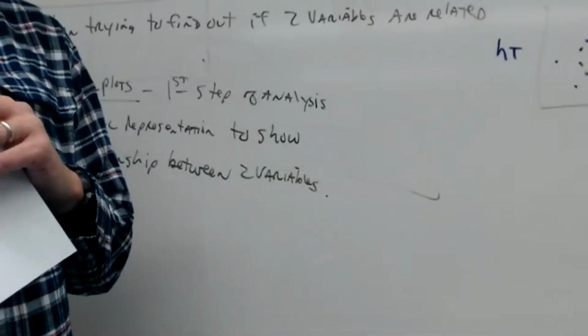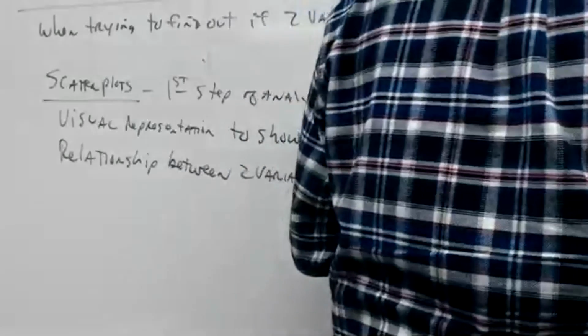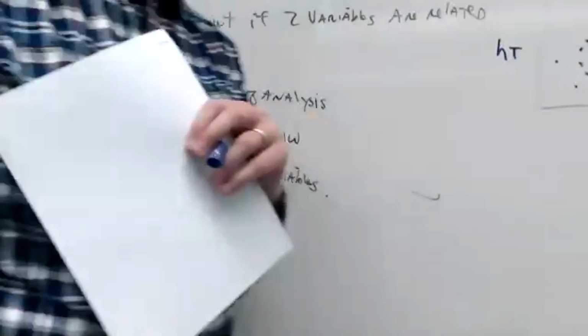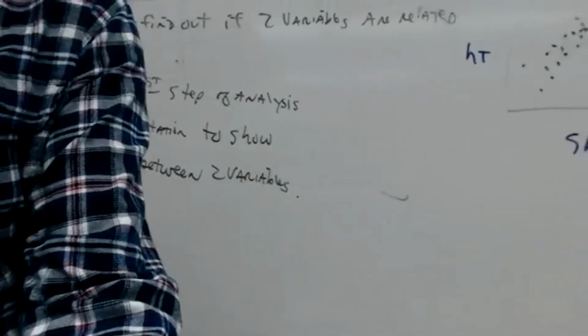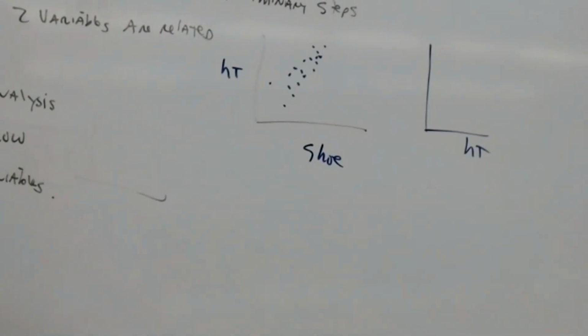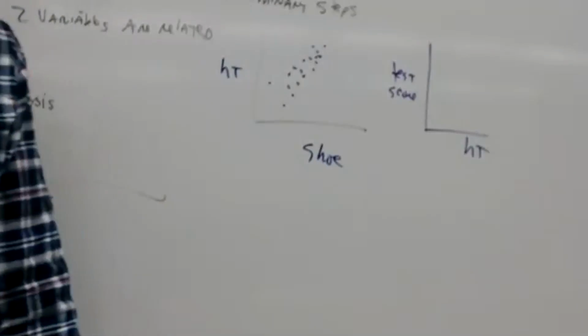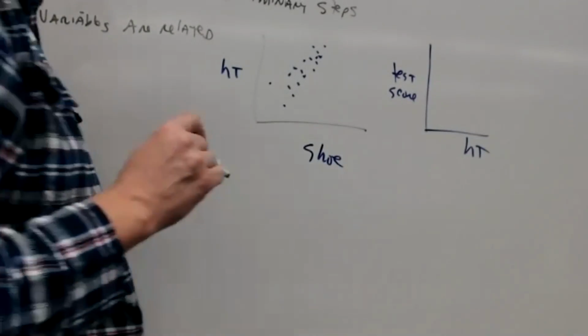So if I were to have shoe size and my height, I might expect there to be some sort of a pattern like this, okay? If I were to talk about my height and my test score, I might expect that there would be no relationship, okay?